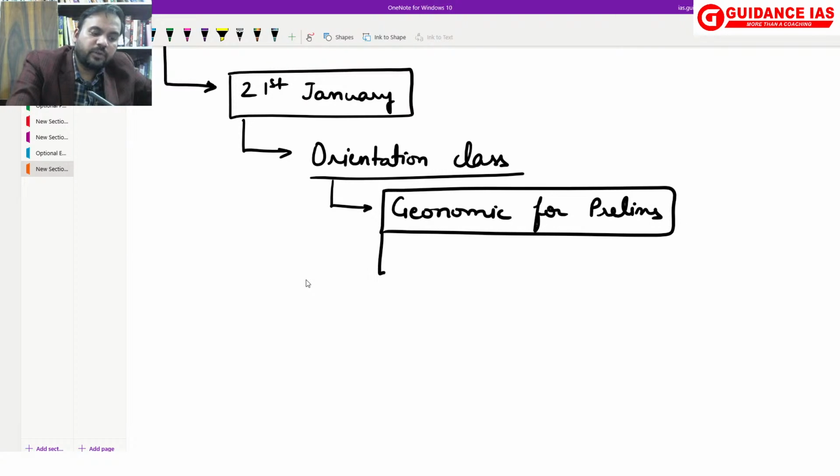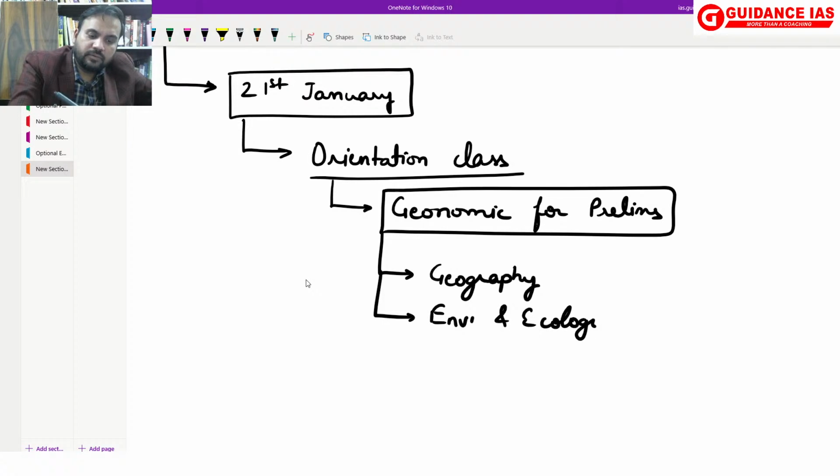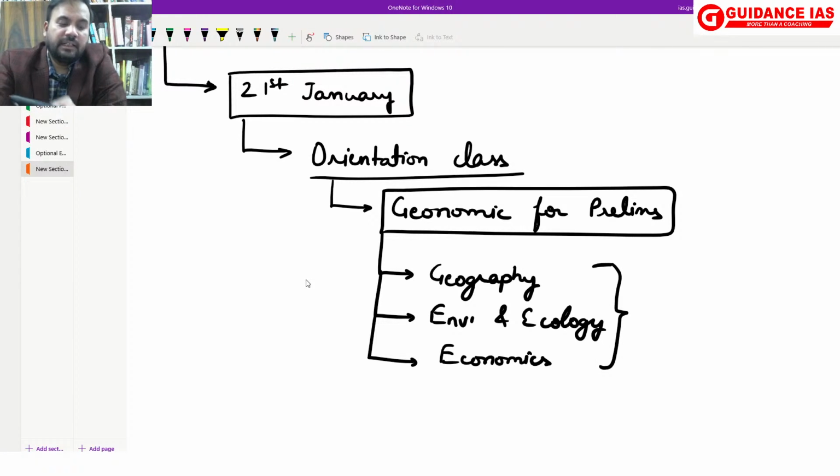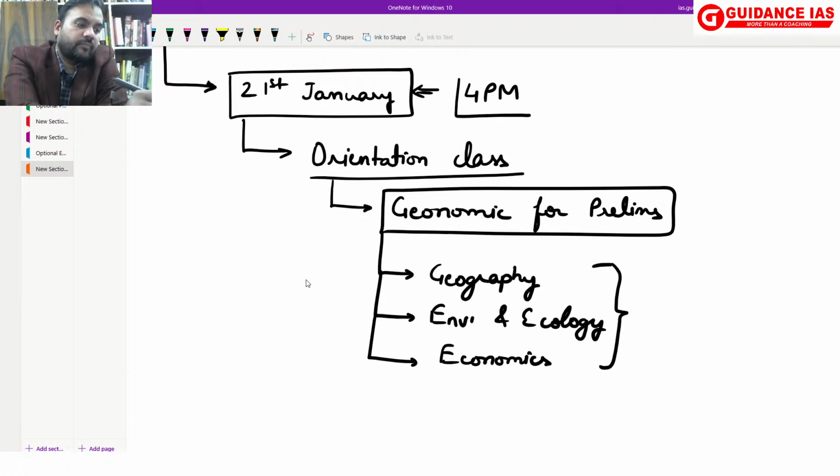And in this Geonomics for Prelims, I am going to cover 3 parts, which is geography, environment and ecology, and third part which is economics. All these classes I will be taking up for all these 3, and this will be for the prelims. Okay, so the orientation class would be held same time, 4 p.m. on 21st of January. ठीक है.